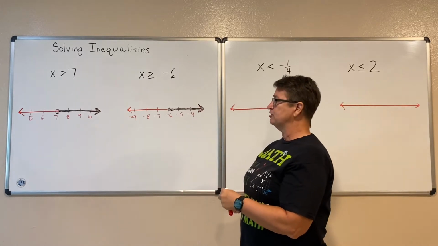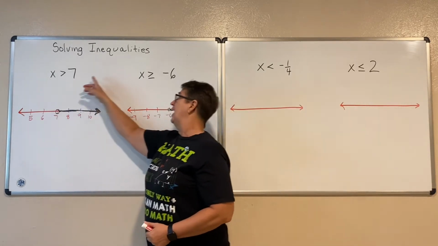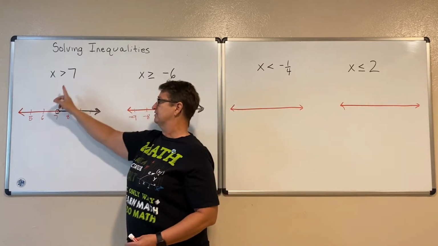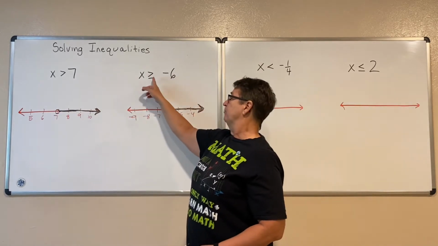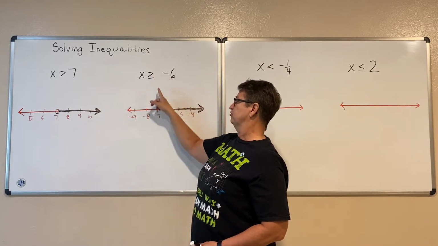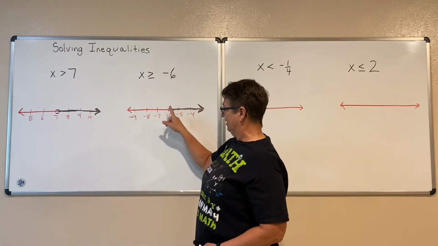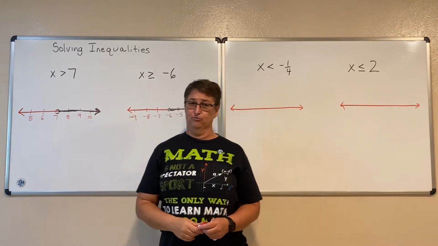So the difference between just a greater than symbol and a greater than or equal to symbol is the greater than symbol has an open circle, where the greater than or equal to symbol has a closed circle. And it's because it can be that number. That could be a solution for my x.